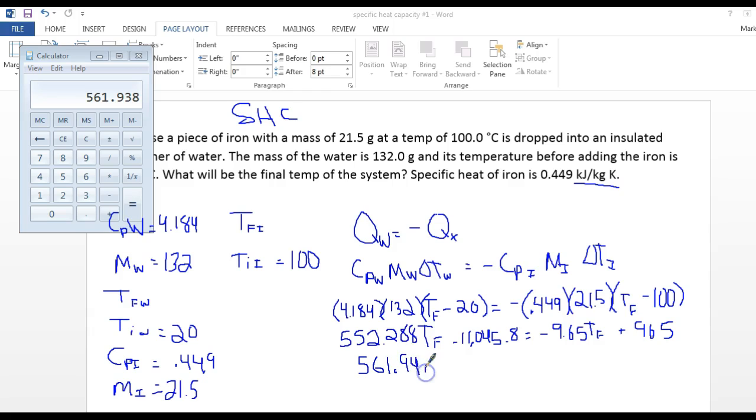That's T of F. Then we're going to move this stuff over. This is a negative, so we're just going to add it to the other side.